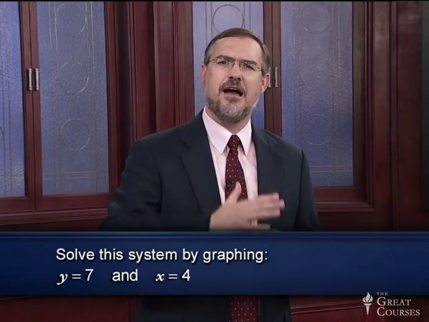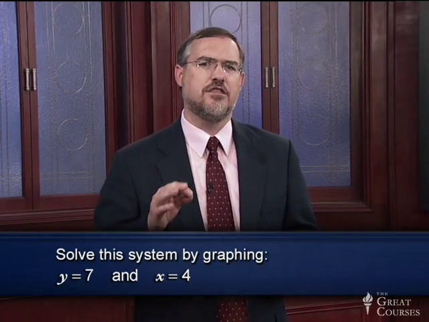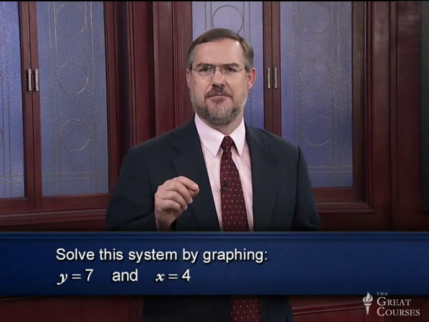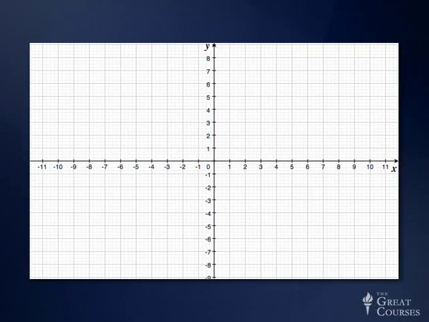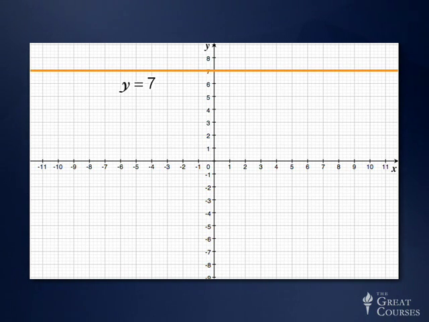So let's think back a few lessons and think about what these equations actually mean. In the Cartesian plane, or the xy plane, y equals 7 really is an equation of a line, and it's the equation of the line which is horizontal and has a y-intercept at 7.